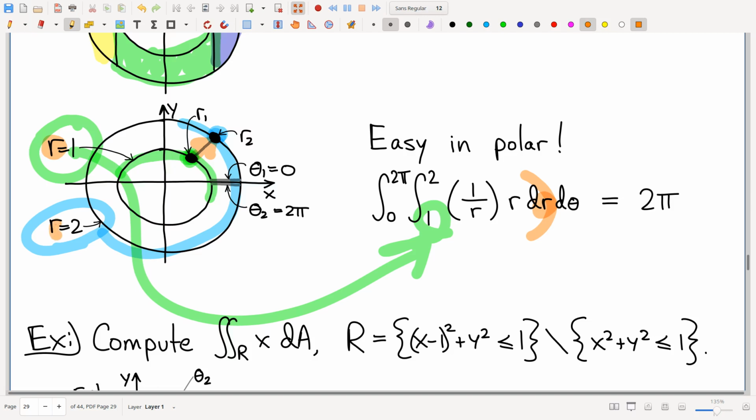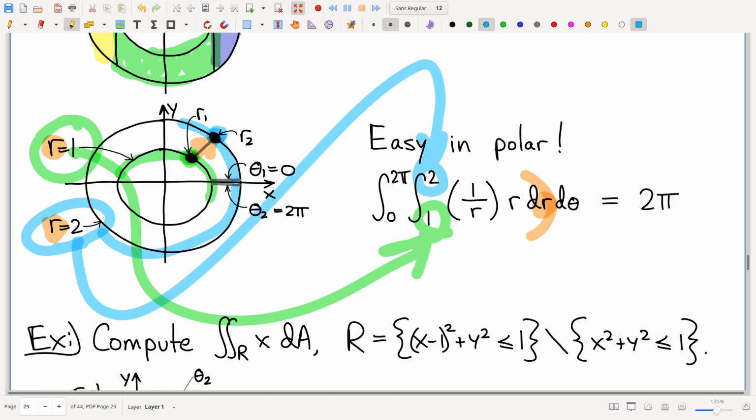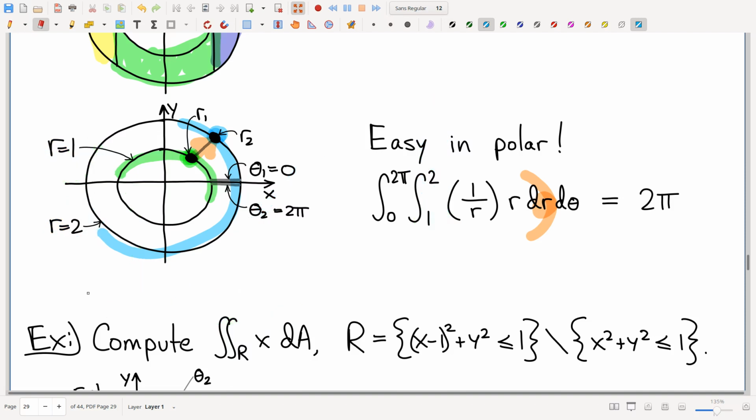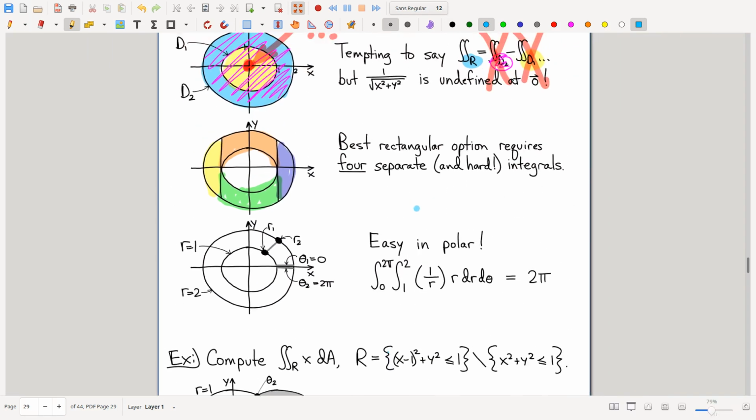So in this equation, I solve for r, and that gives me my upper bound for r, which is 2. Easy slicing. I get constant bounds in polar coordinates. So we got rid of all those ugly, nasty square roots. Very convenient.